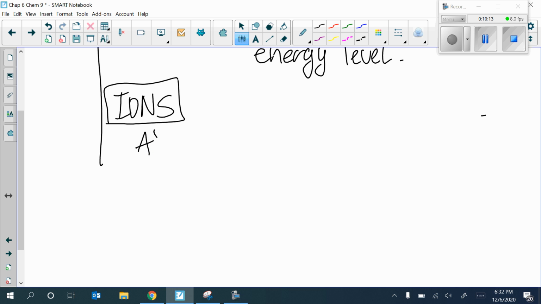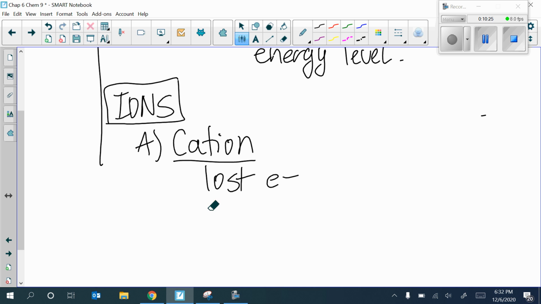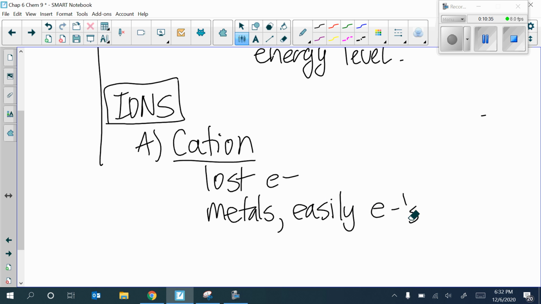So the first part that we're going to say is if they are a cation, that means that they have lost electrons, and these are metals. Metals easily lose electrons to become stable. Now here's the part that's really difficult to understand, we have to remember that electrons are negative. If we lose them, that means there's more protons there, and they become a positive charge. So a cation is positive.